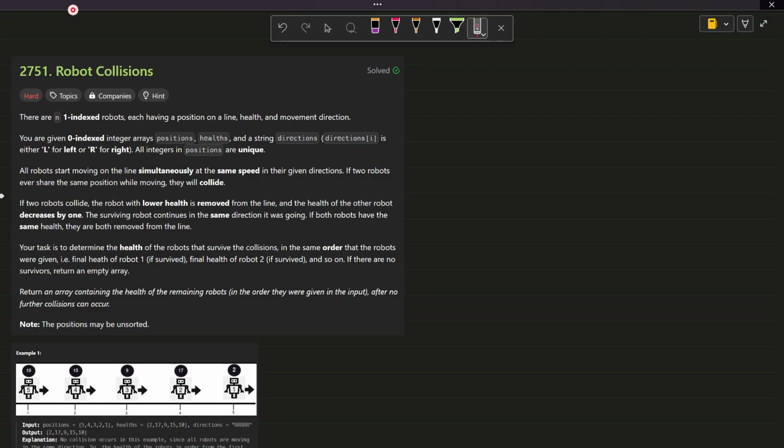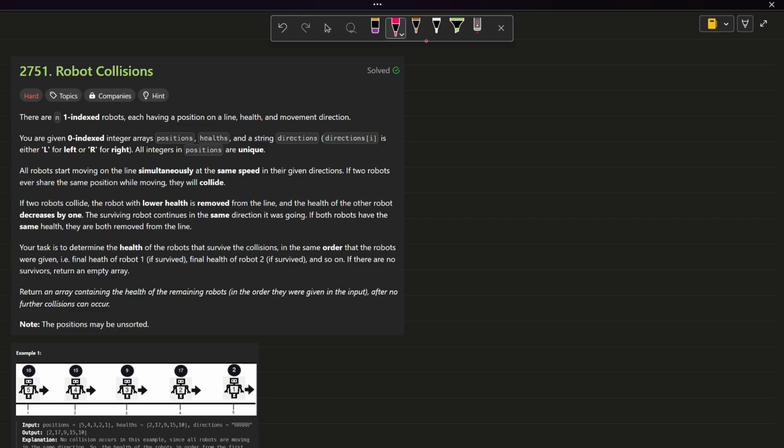All robots start moving on the line simultaneously at the same speed in their given directions. If two robots ever share the same position while moving, they will collide. If two robots collide, the robot with the lower health is removed from... Now you guys can read it. Let me directly explain the question.